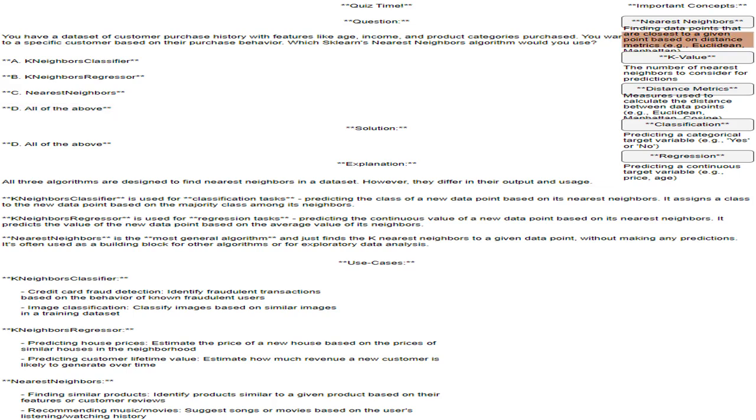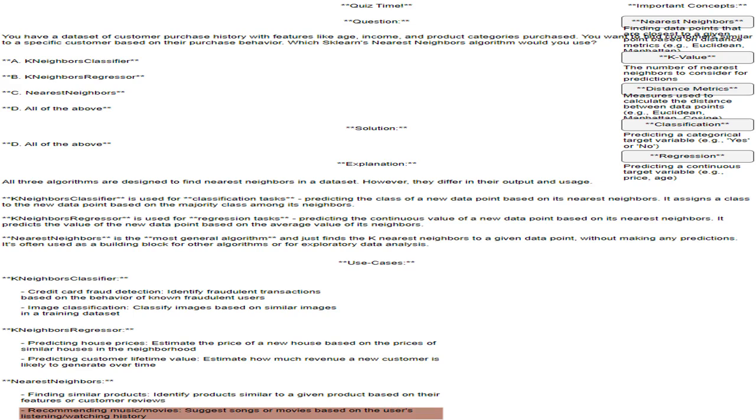Finding data points that are closest to a given point based on distance metrics, e.g., Euclidean, Manhattan. Finding similar products: identify products similar to a given product based on their features or customer reviews. The number of nearest neighbors to consider for predictions.